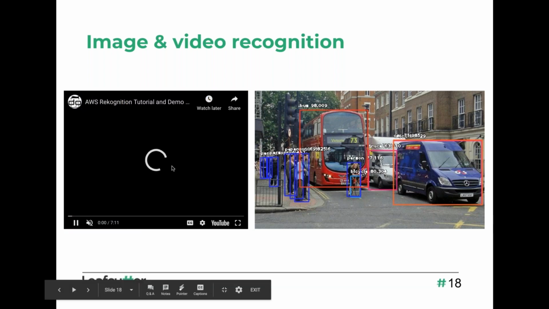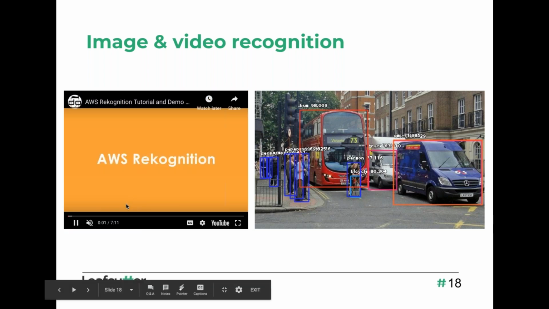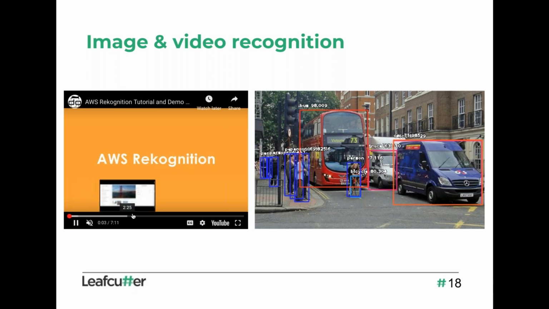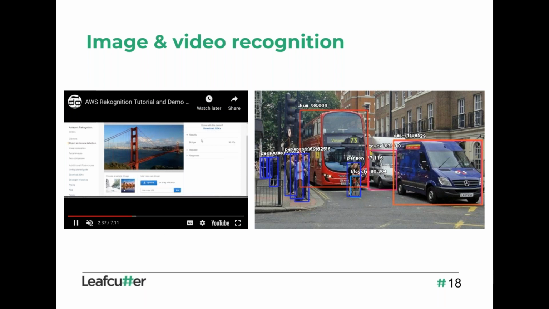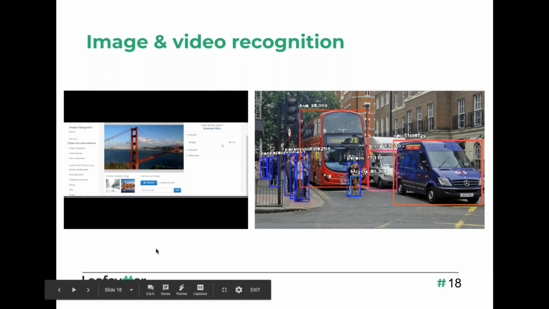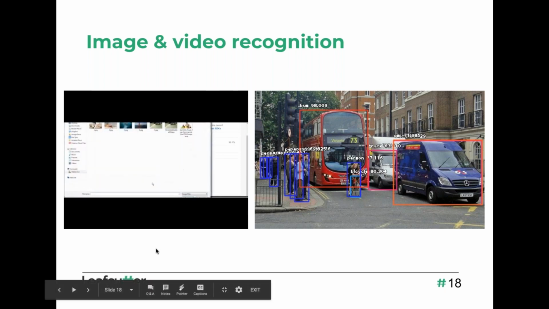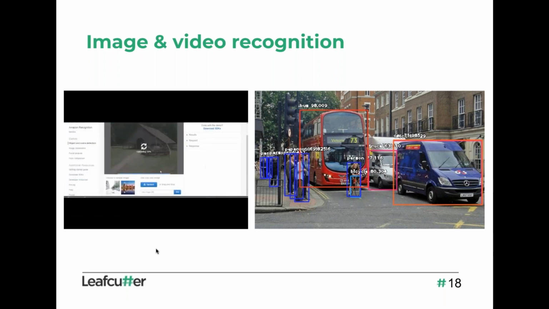There's an example here that I've got in terms of using a tool called AWS Rekognition. If I jump forward a little bit, basically it's an online tool which is part of the AWS platform, relatively easy to use. You can upload your images to it, and it will basically work out what's in the image for you.